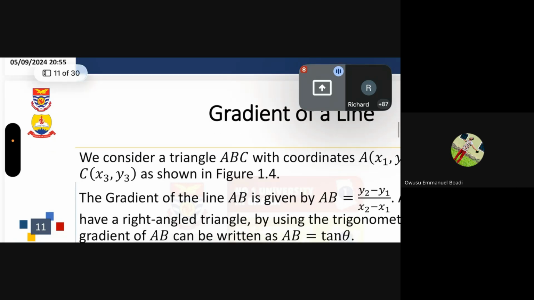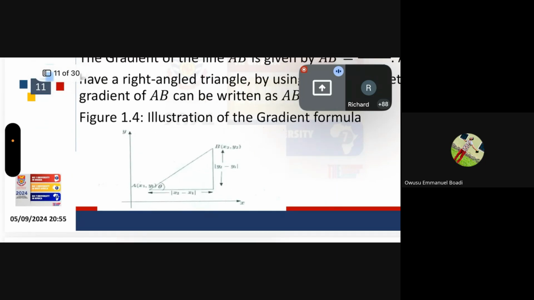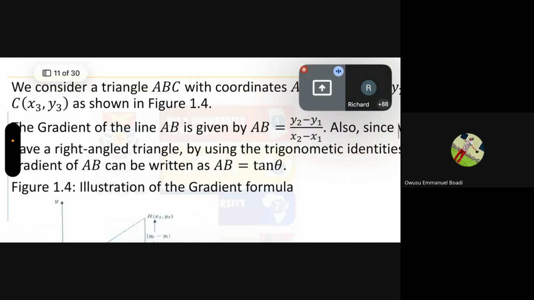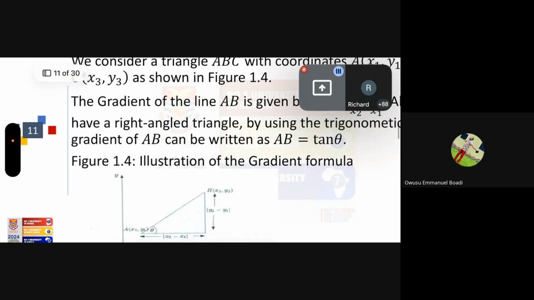So you can just draw a right angle triangle as shown here. We want to find the gradients. When we talk about the gradients, we want to look at the steepness, the slope.